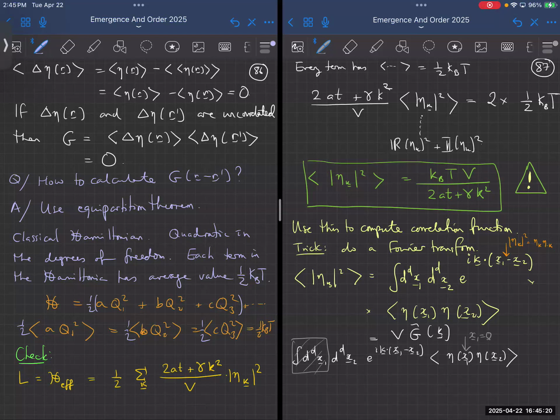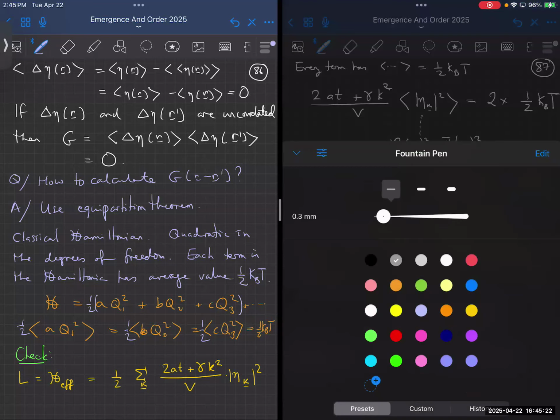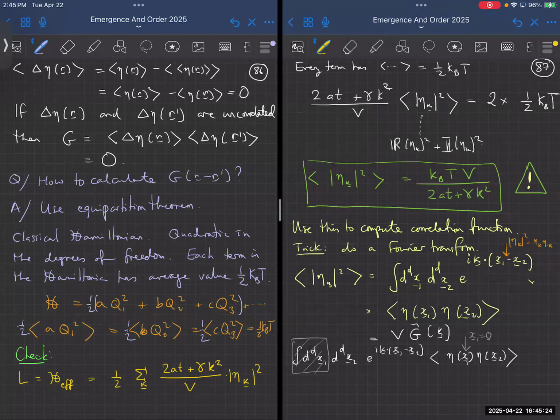Then I do this integral, and that integral is just the same thing as the integral d^d x2 e to the i k dot x2 g of x2.